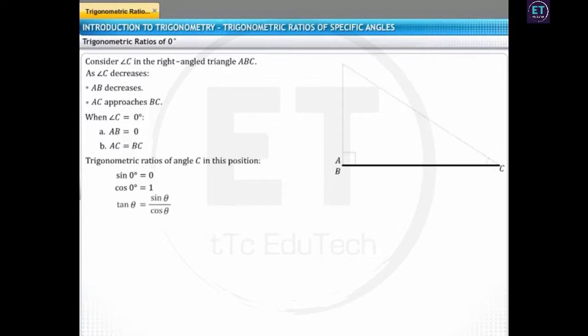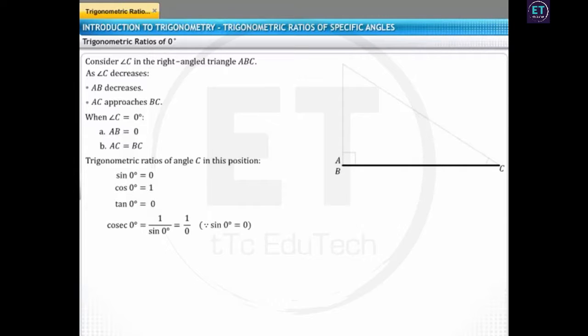We know that tan theta is equal to sin theta divided by cos theta. Substituting theta equal to 0 degrees and simplifying, we get tan 0 degrees is 0. Let us look at other trigonometric ratios of 0 degrees. Cosec 0 is equal to reciprocal of sin 0, which is 0.